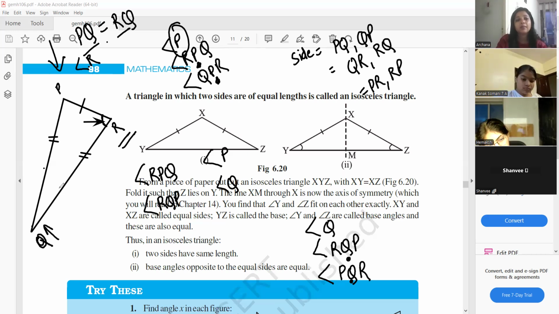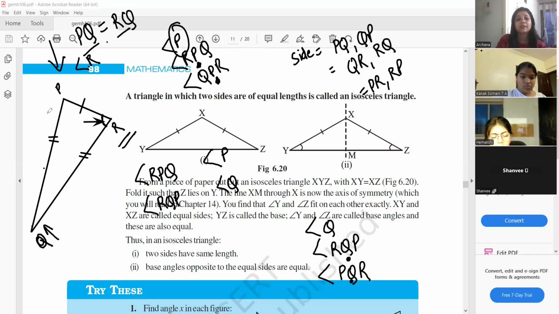Now I am talking about the other side. The other side is QR. Correct? Like we have written here, RQ or QR. So RQ contains angle Q and angle R. So we cannot take that angle.